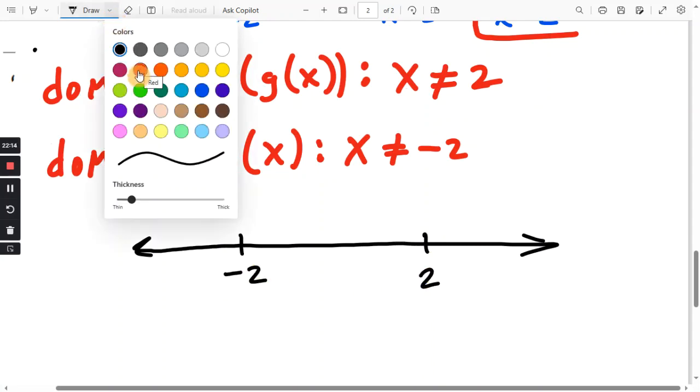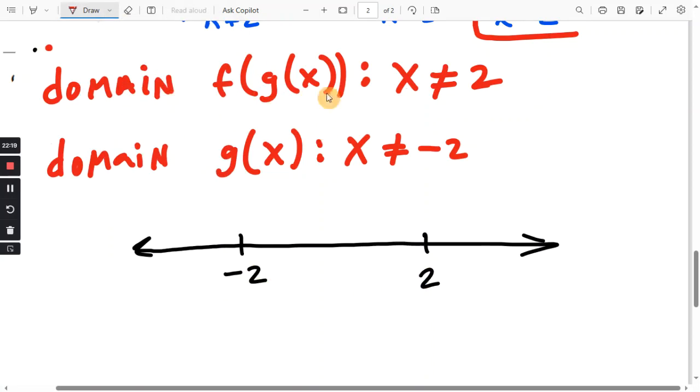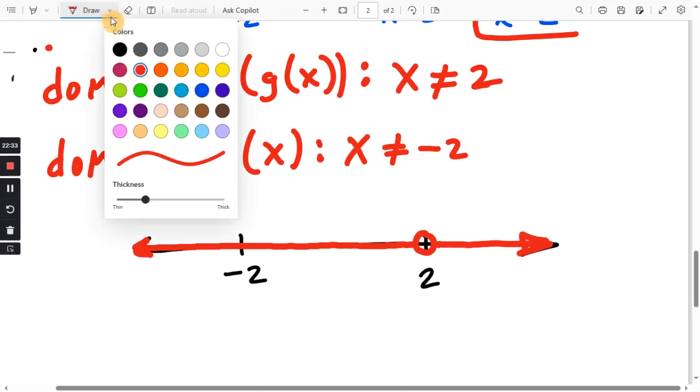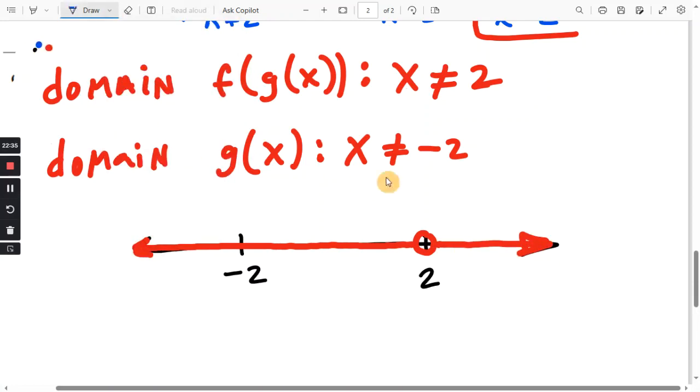And in the one case, it's going to be everything except 2, right? So you have a little circle at 2, and it's going to be everything else except 2. And then for the other one, it's going to be everything except negative 2.